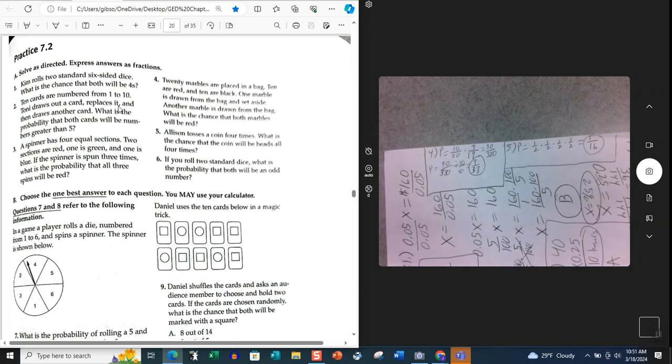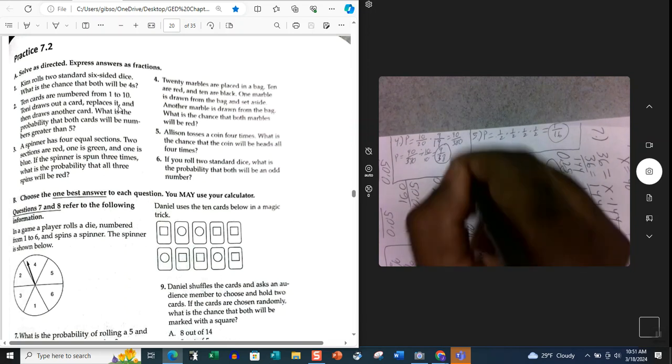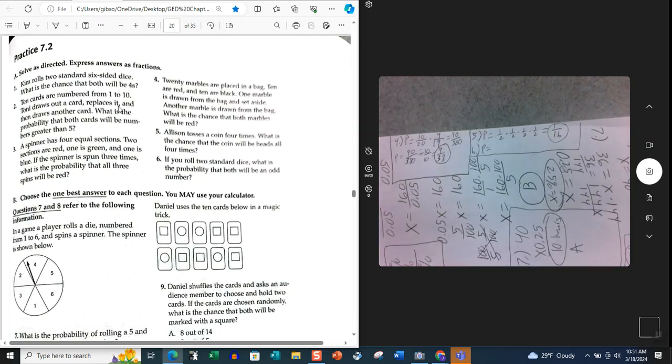Now number 6. If you roll 2 standard dice, what is the probability that both will be an odd number? Now this is another independent situation because remember, one die does not affect the other die. So now we have our probability. It says, what is the probability that both will be odd?